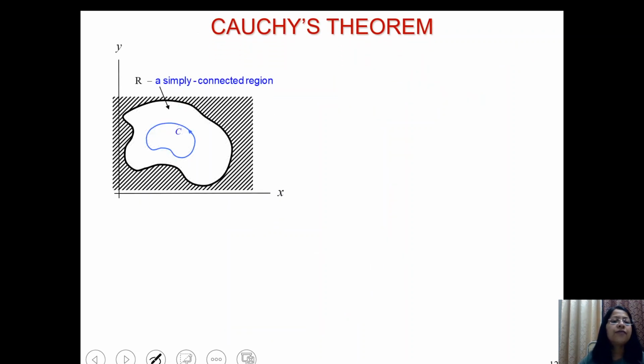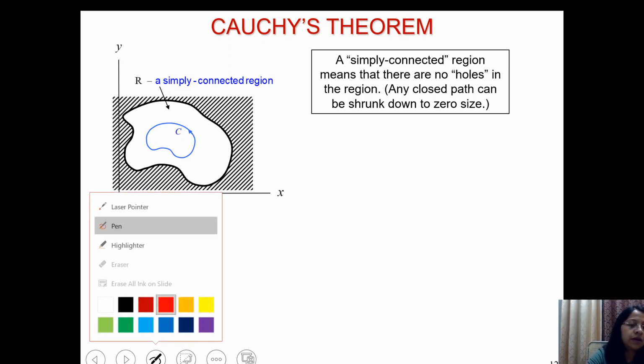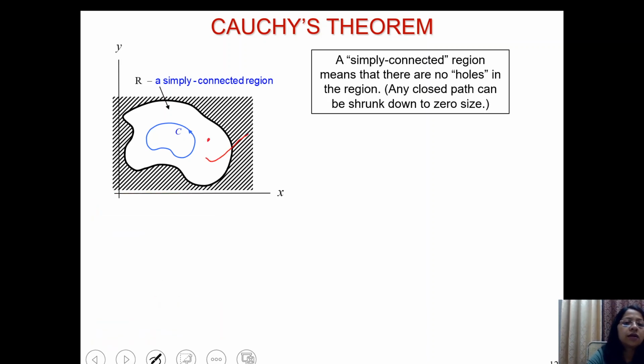If we have a simply connected region, as I already told you in the previous slide, it is one in which a curve or path never intersects any branch of itself. A simply connected region means there are no holes in the region. Any closed path can be shrunk down to zero size, meaning if we shrink this curve, it can be reduced to a single point.